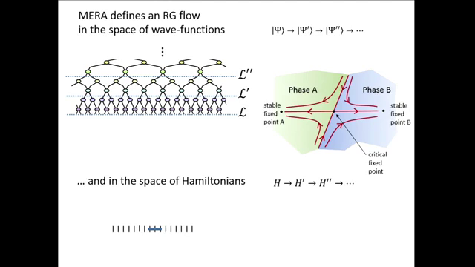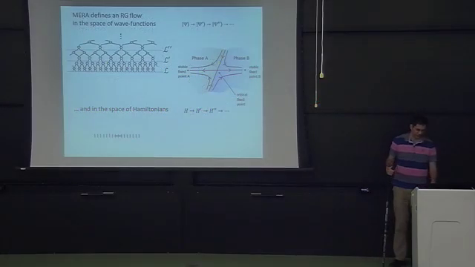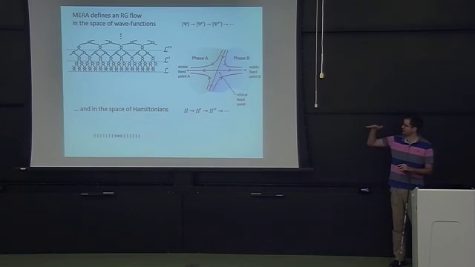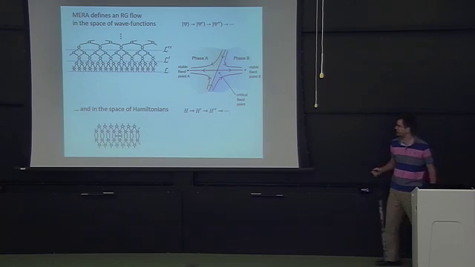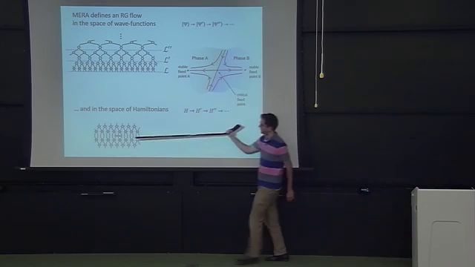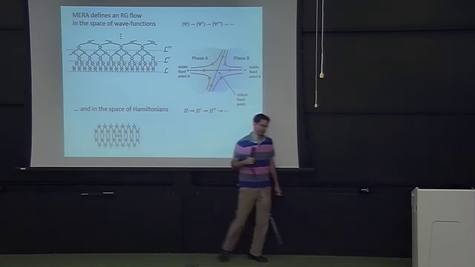Now we can apply this coarse-graining transformation. If the vectors are transformed by a row of disentanglers and isometries, operators are transformed by that and its conjugate. So if we want to coarse-grain an operator, we put the coarse-graining transformation acting as a bra and as a ket.